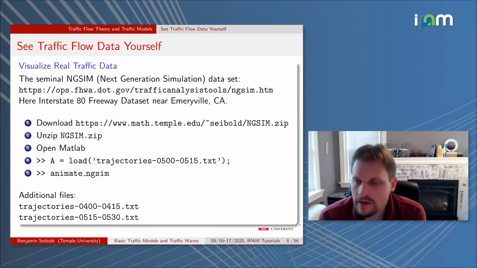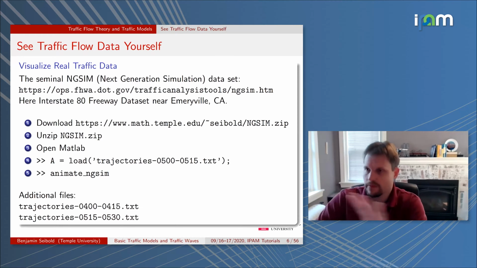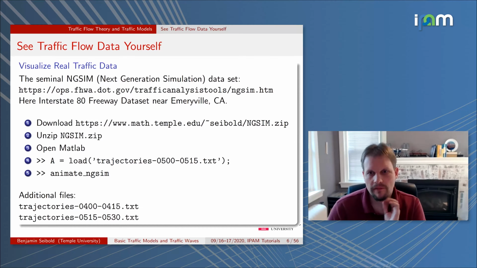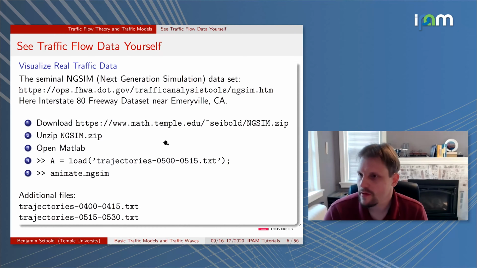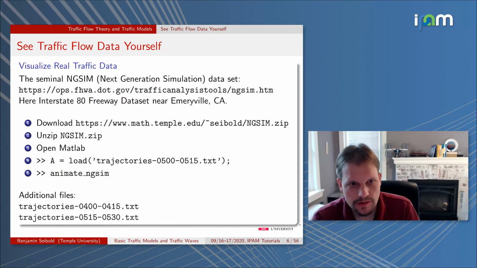So watch out, but if you have MATLAB available, you can open it up, load trajectories as it is, and then just type animate ngsim or run the file, and you should see something pulled up that shows you the trajectories, how they move around, and you can look at them, study them and use them. So for anybody who says it's so hard to get started on data, which is true, right? Here's your opportunity to get started. Okay, so copy and paste just the text on this page.